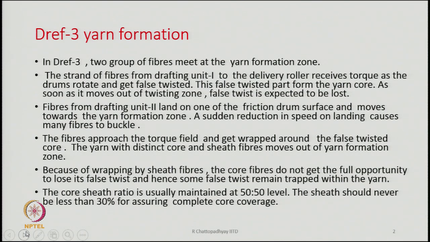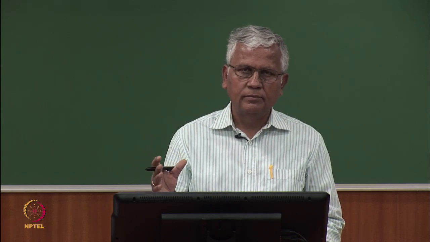Now, therefore, at any point of time, we will find that the fiber bundle coming from the drafting unit 1 is twisted along the entire length of the drum. But once they move out from the drum, the twist is going to be lost, because basically it is a false twist.